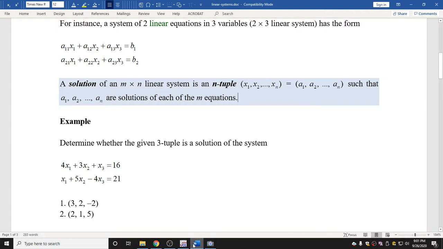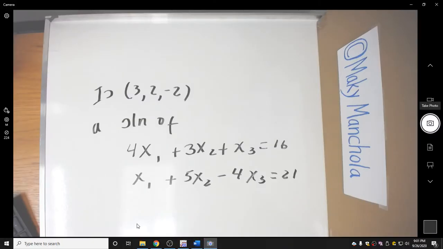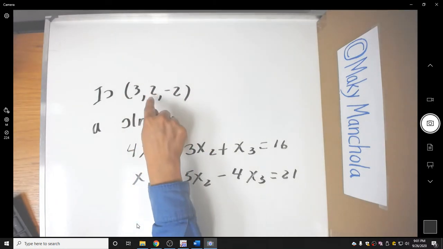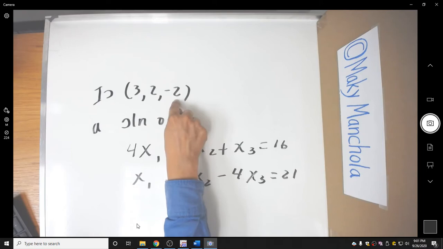In this case, 4x1 plus 3x2 plus x3 equals 16, and x1 plus 5x2 minus 4x3 equals 21. Okay, so my x1 is 3, my x2 is 2, my x3 is -2.